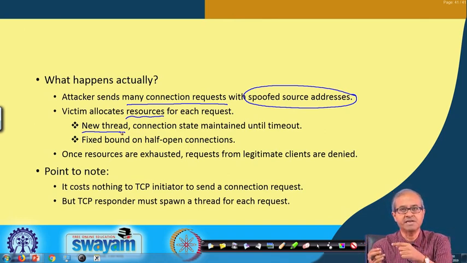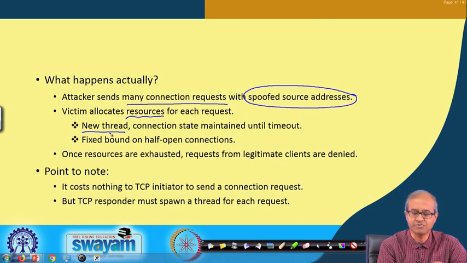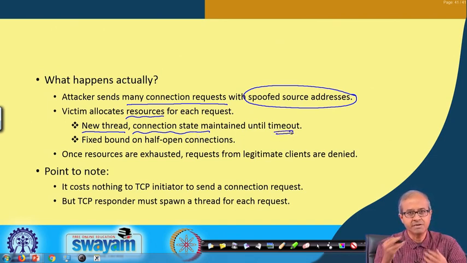So, the server creates a new thread, and the connection state is maintained as a half open connection till a timeout period elapses, beyond which the connection will be rejected and removed from the table.